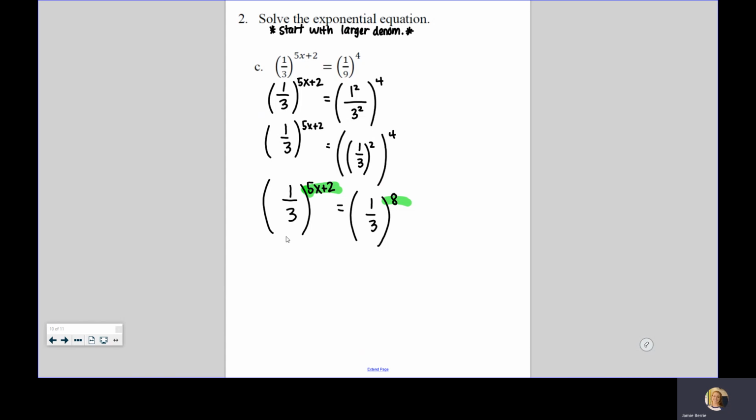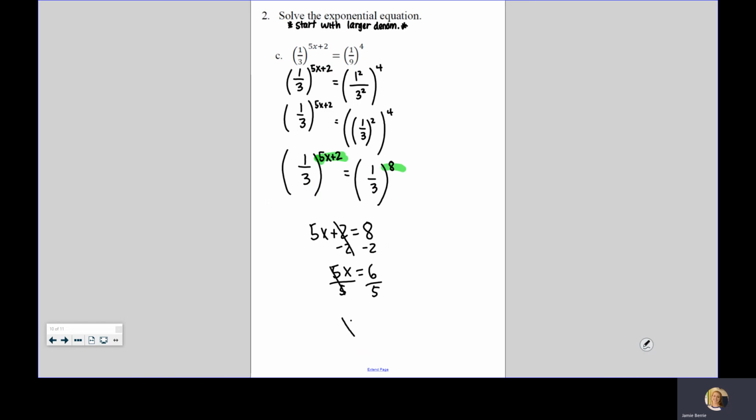So set your exponents equal and solve. 5x plus 2 equals 8. Subtract 2 and then divide by 5. So you get x equals 6 over 5.